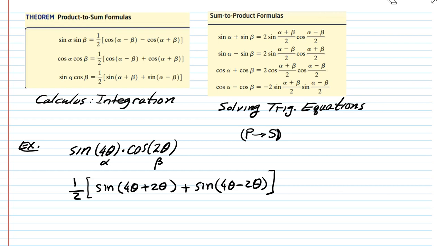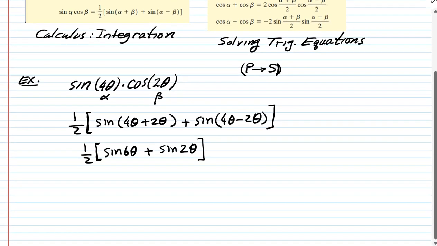You subtract beta from alpha, the second angle from the first, and that makes a difference. If the function is odd, which sine is, that could change the answer. And what's the last step? Well, 4 plus 2 makes 6, so this is sine of 6 theta plus sine of 2 theta, and we are done. If this was a calculus problem involving integration, I would be able to integrate these much more easily than I could the product.